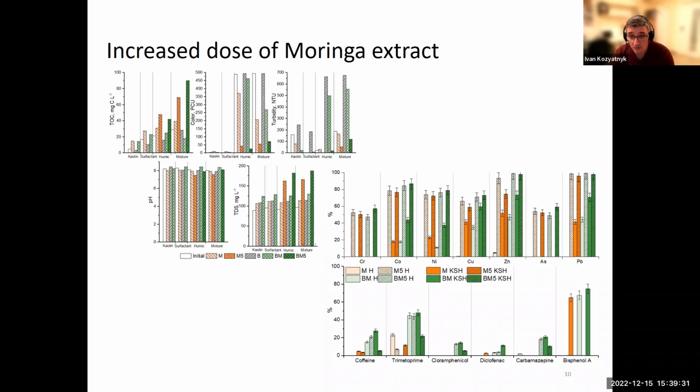It was visually evident that coagulation was taking place in this case. Removal efficiency increased for both heavy metals and organic pollutants. Increasing the dosage of Moringa allows removal of chromium and arsenic, and it's quite important because they were not removed previously.